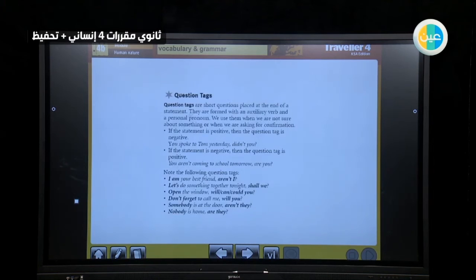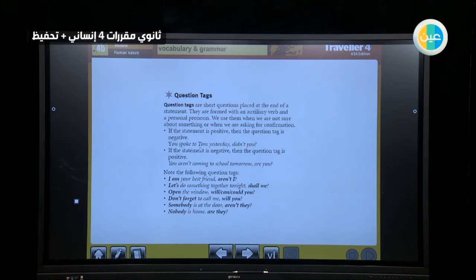Question tags are short questions placed at the end of a statement. They are formed with an auxiliary verb and a personal pronoun. We use them when we are not sure about something or when we are asking for confirmation. If the statement is positive, then the question tag is negative, the opposite here.